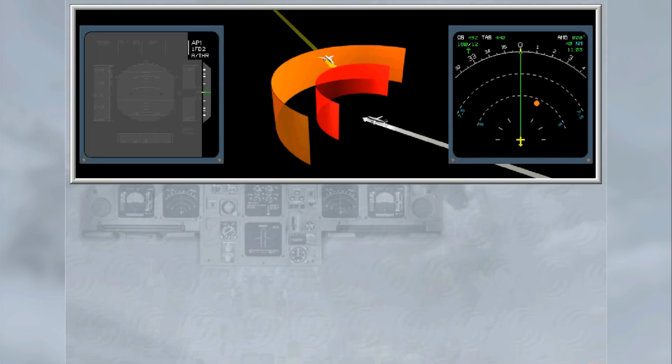Traffic, traffic. When entering the TA volume, the symbol becomes an amber disc, and a traffic oral warning is triggered.